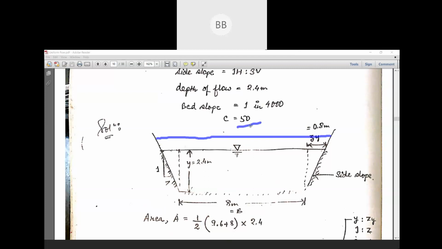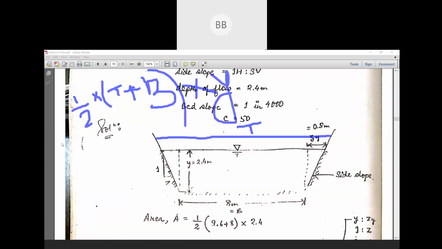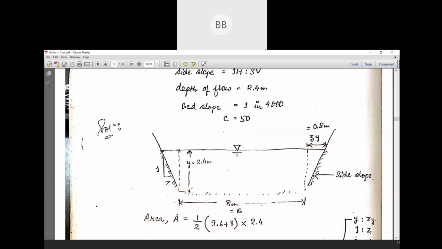The area equation is half multiplied by the sum of top width and bottom width, multiplied by depth of flow. This is the area equation for your trapezoidal section. So first we need to find the top width.